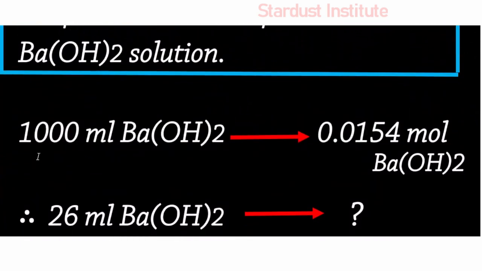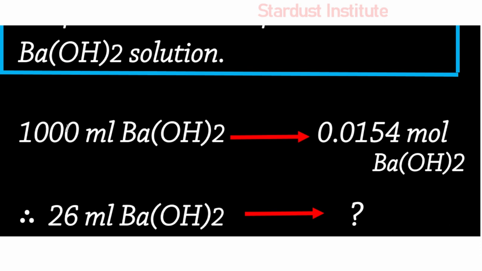We know in 1000 milliliters of this barium hydroxide solution, there are 0.0154 moles of barium hydroxide. Because this is 0.0154 M barium hydroxide solution.